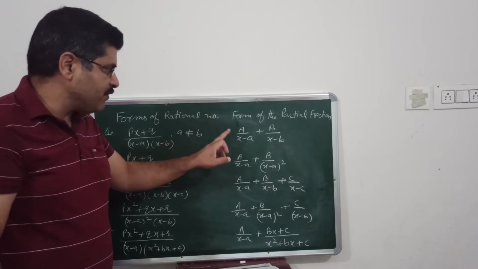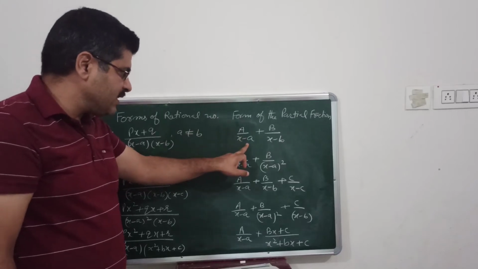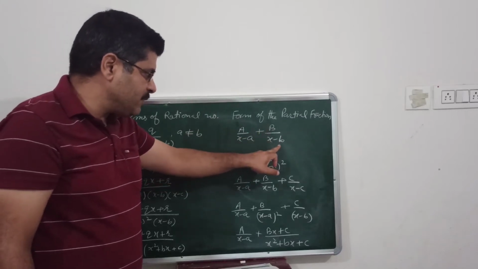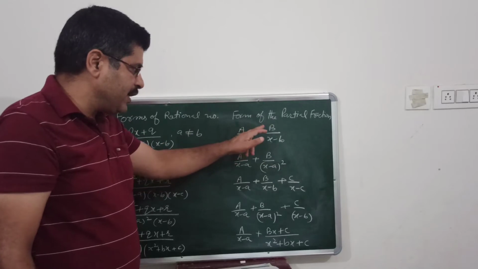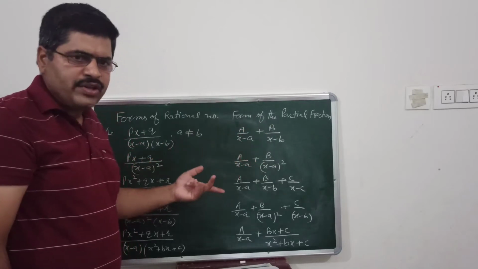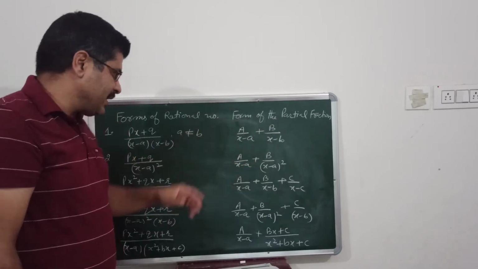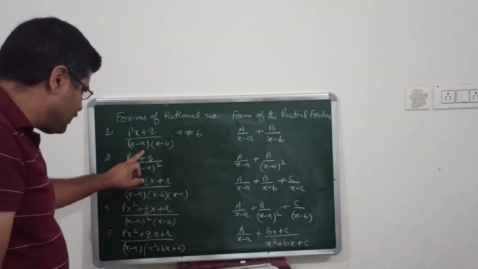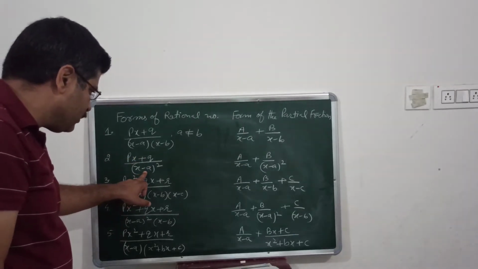Then the partial fraction form will be A upon x minus a plus B upon x minus b. Then we will find the values of A and B by equating the coefficients, and then we will integrate it.